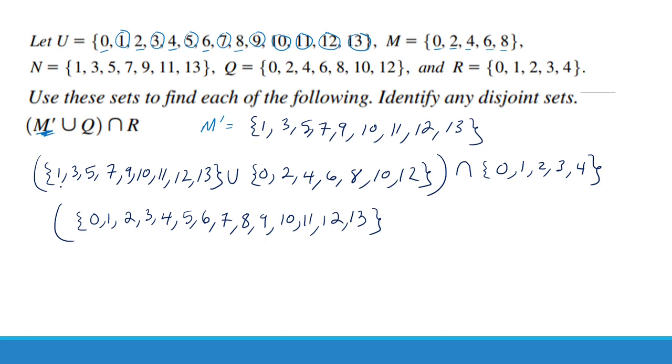Again, the union is just a list of all the elements in both of the sets. I'm going to intersect that with 0, 1, 2, 3, 4. For the intersection, we have to be in both, or it will not be included.